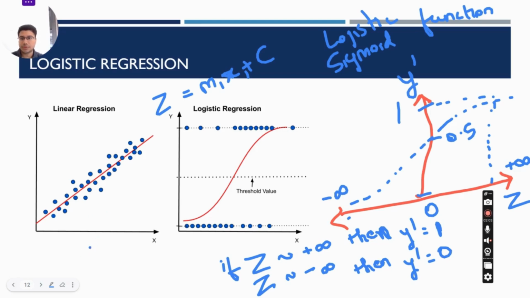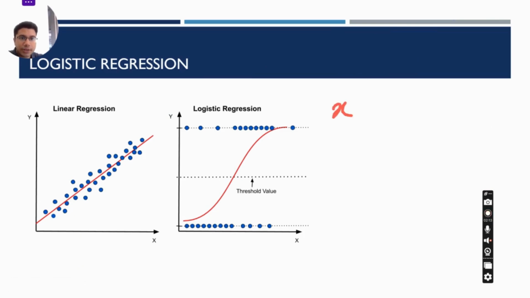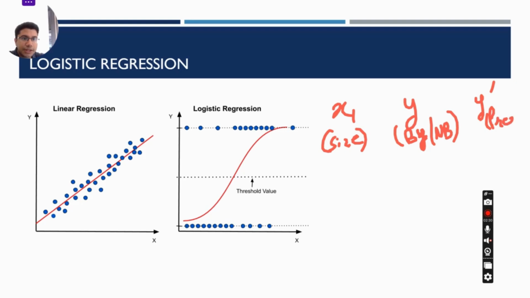Given our question, it may be something like this. There will be x1, y, and y prediction. x1 can be the size of the house and y the decision of buy or not buy, and this is the predicted decision.